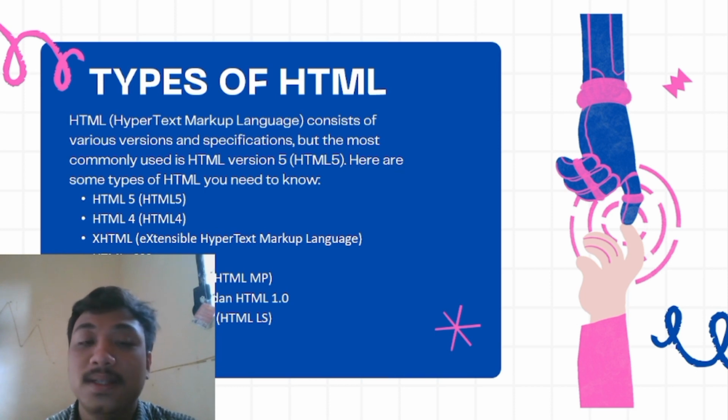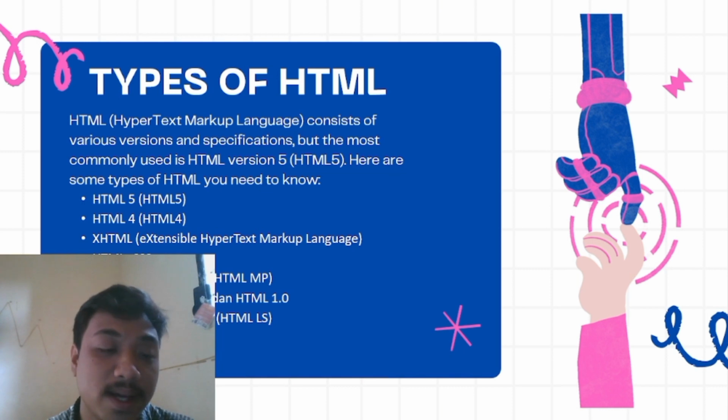HTML5: this is the latest and most common version of HTML. HTML5 provides many improvements and new features, including new elements such as video and audio, and the ability to embed JavaScript scripts easily. This is a modern standard used in web development today.